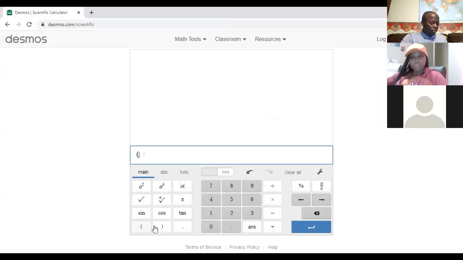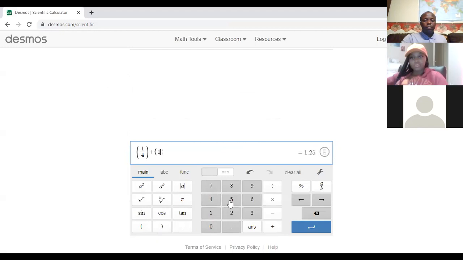The first one is 1/4, plus 1/8, plus we got 1/16, plus 9/16.